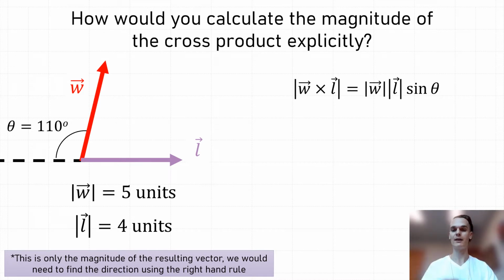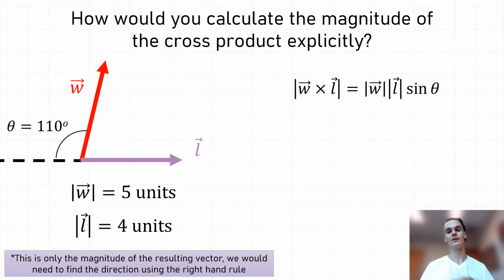So the definition of the cross product magnitude is: vector W crossed with vector L magnitude is equal to the magnitude of the first vector multiplied by the magnitude of the second vector multiplied by sine of the smallest angle between the two vectors whenever they are placed tail to tail. Now this looks similar to how we calculate the dot product, but remember, we are only calculating the magnitude of the cross product right now.